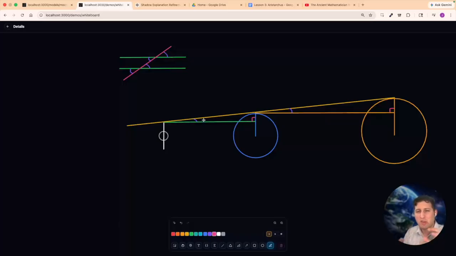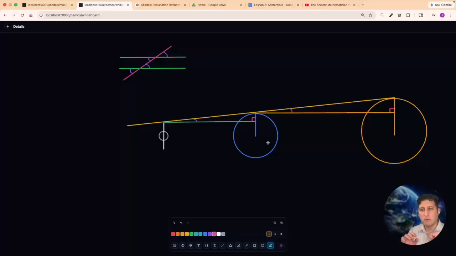We know that that means that the ratio of these sides are the same, that there is a relationship between these two triangles. And in fact, we know that because this triangle includes the distance to the sun, and this one includes the distance to the moon, this triangle is 19 times larger than this one. The ratio of the sides is 19 times larger.